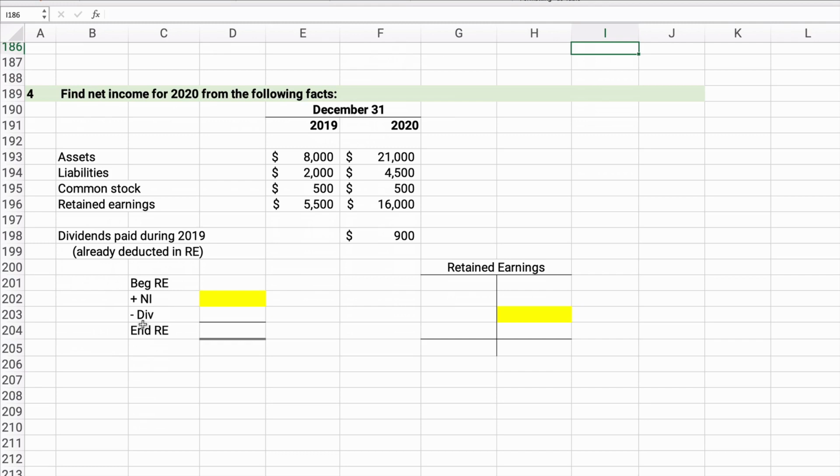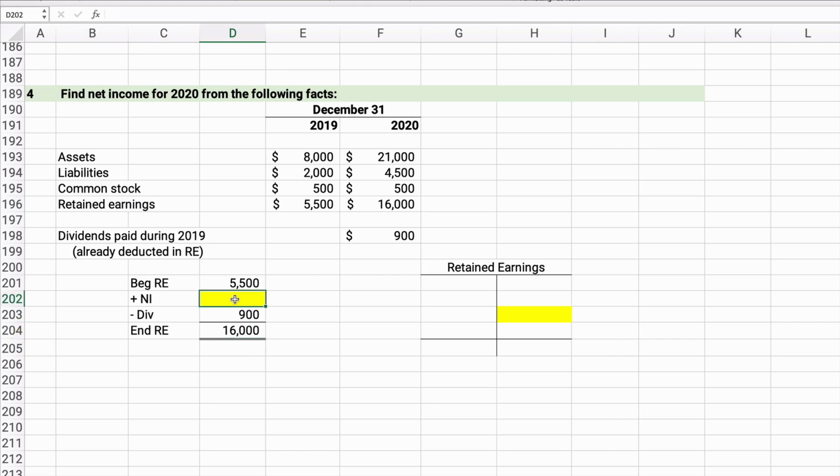Now, there's two ways to calculate this little problem. If we know beginning retained earnings is $5,500, that's given. Right here we have the beginning and ending, $5,500 and $16,000. We know dividends paid are going to be $900. Then what is our net income?